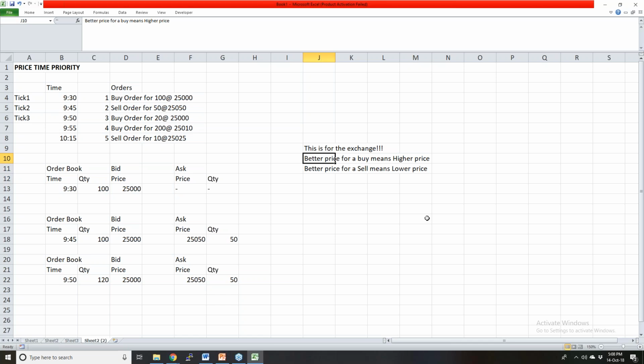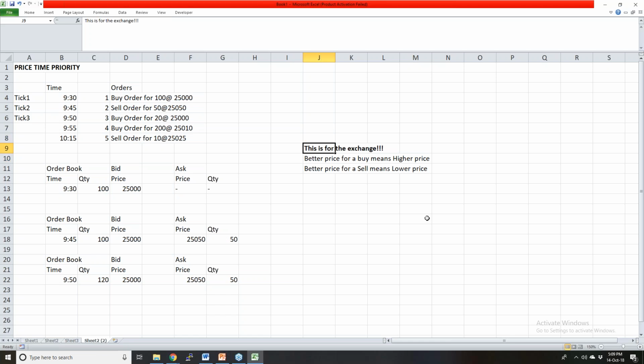For an ask, whoever has the lowest ask will get traded first. If there are two orders at the same price, right? Two buy orders at the same price, then the order that hit the exchange first gets traded first, right? So first it is price, then it is time. Is this clear?